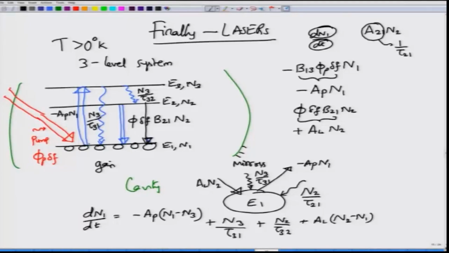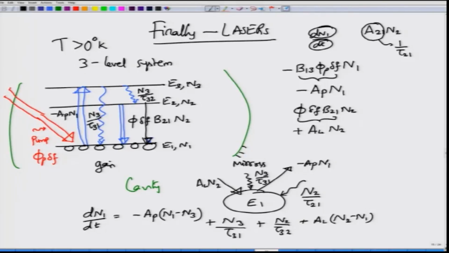So, what is the contribution of the absorption? Some photons can be reabsorbed to make them go from E3 to E1, so instead of N1 the actual change will be N1 minus N3 times AP. AP stands for the pump absorption.